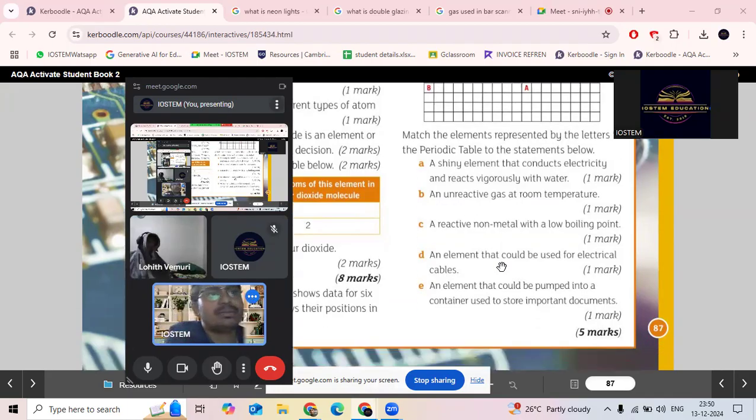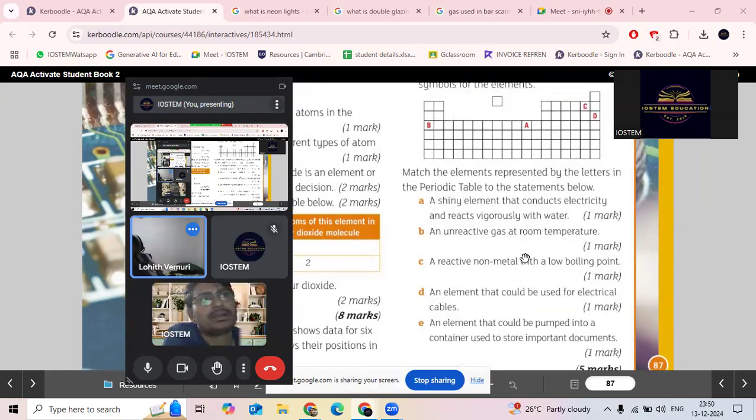What about the E? An element that could be pumped into a container used to store important documents.